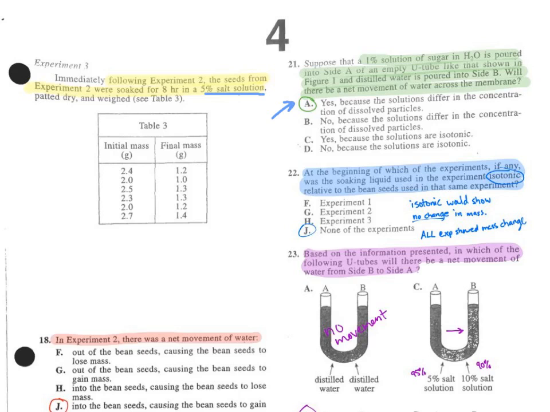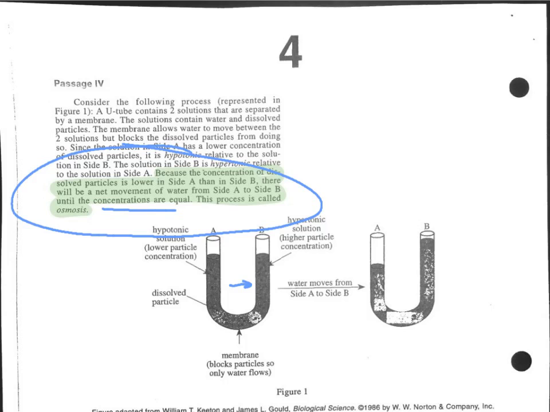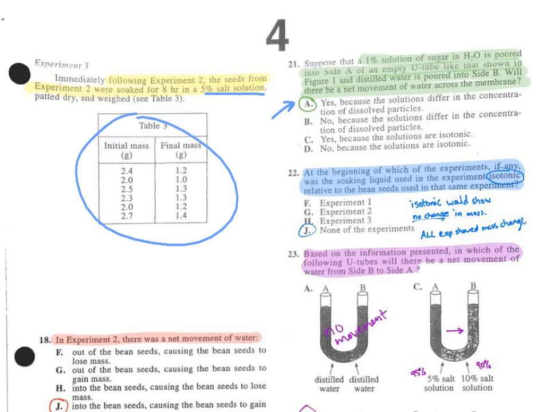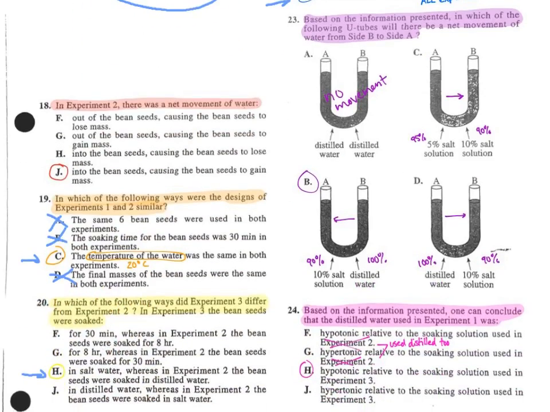For all the experiments, the initial mass and the final mass was always different. So there's always movement of water somewhere. There was no experiment where the liquid and the beans were isotonic, because there was no experiment where the masses were identical before and after. So number 22 is J.